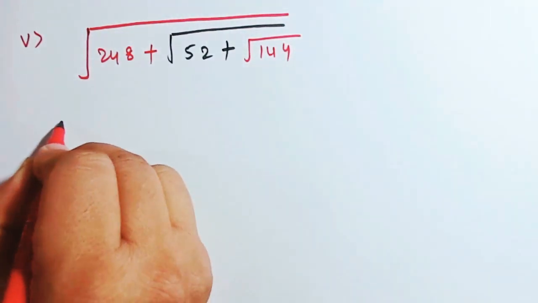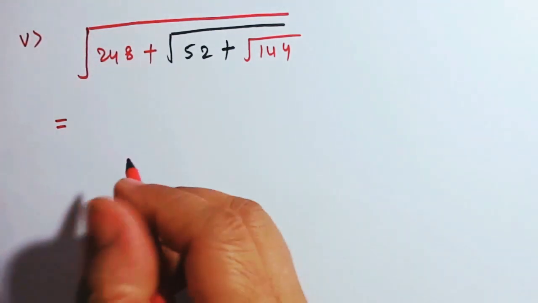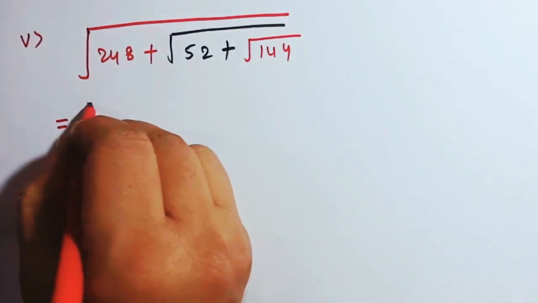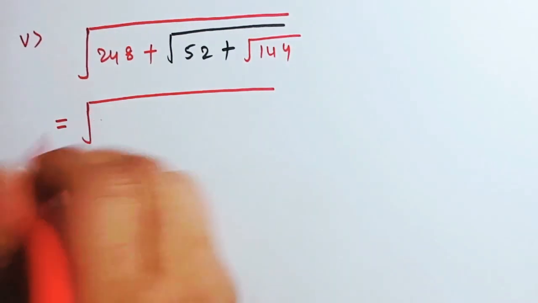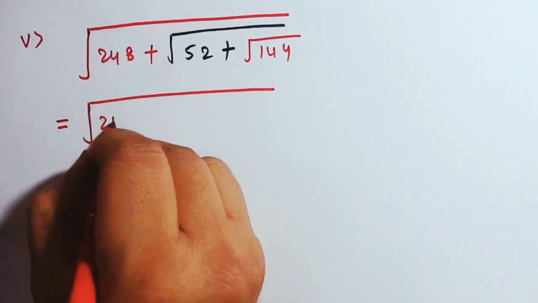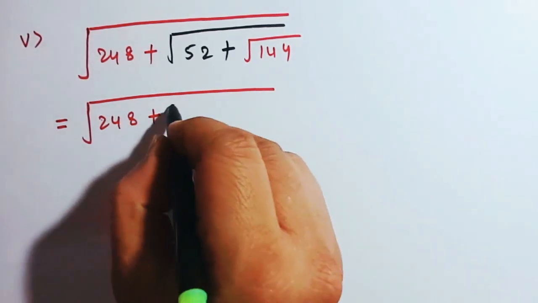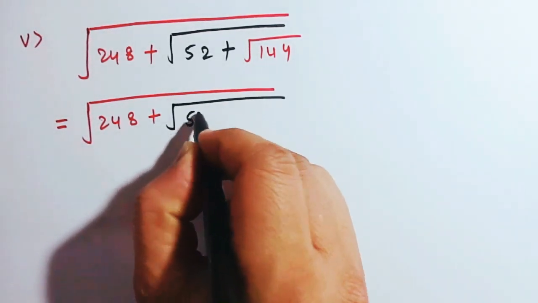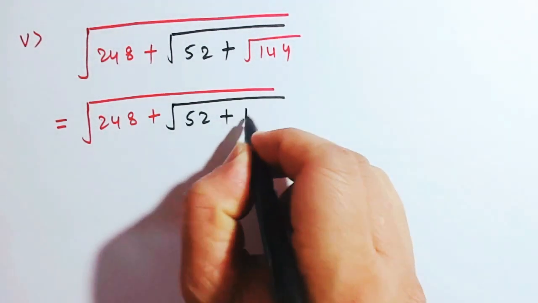Similar types of sums can be given to you by changing the digits. Let me start from here, 144. So the other number should be written in the same form: 248 plus 52 plus square root of 144, 12.